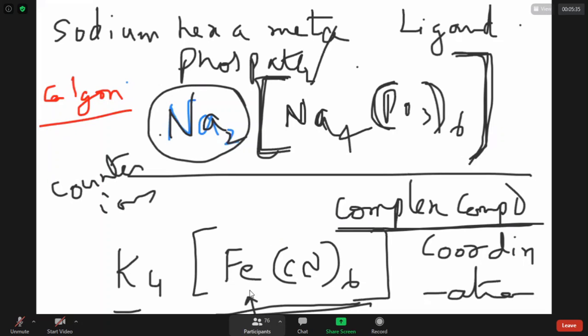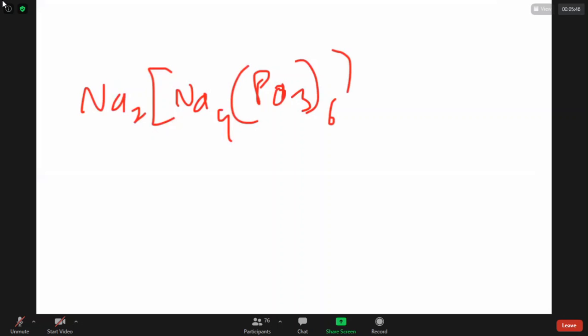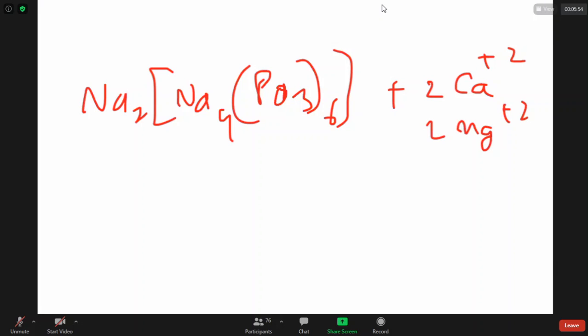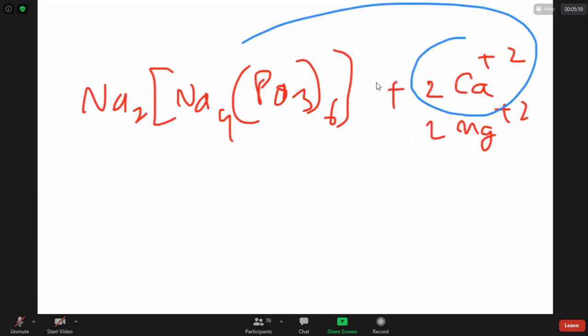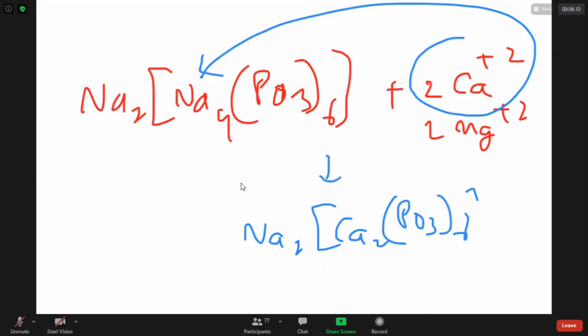Now, if you are adding this powdered Calgon to water, the Calgon has a great ability to take away calcium ions, magnesium ions or iron ions which cause hardness. It will take these metal ions into the square bracket, in complex form. You get Na2 Ca2 PO3 taken 6 times, and 4 Na+ will go into solution.